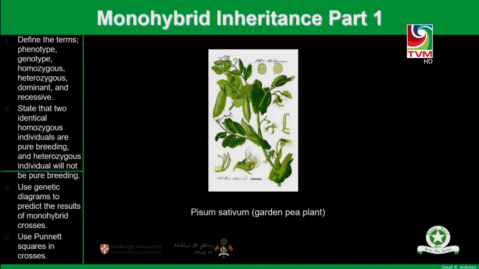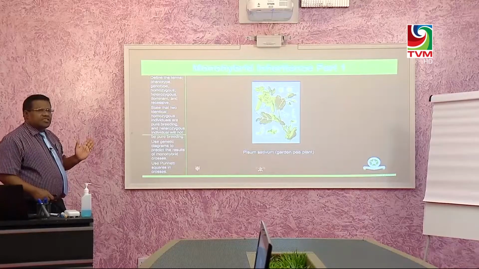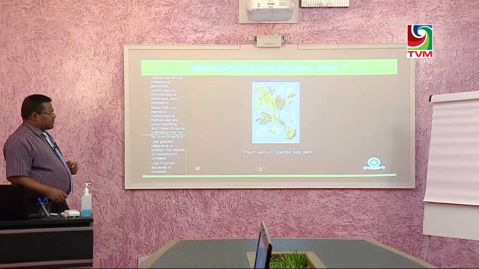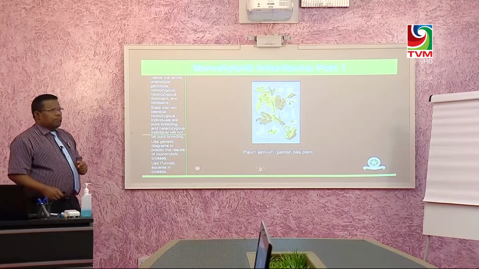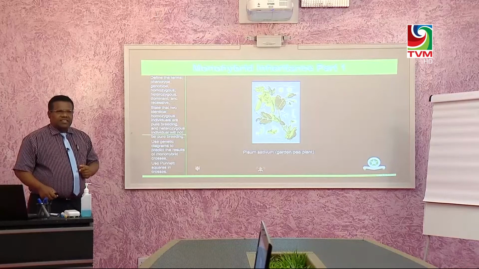So the binomial of the garden pea plant is Pisum sativum. He did a lot of experiments with this plant, and he was very much interested in it because this particular plant was showing a lot of contrasting features.